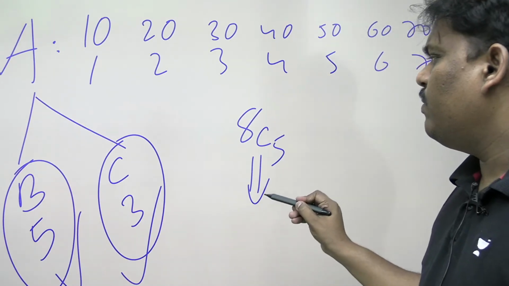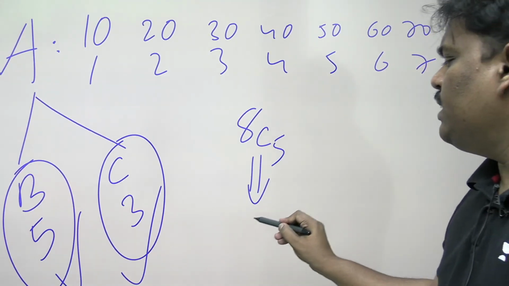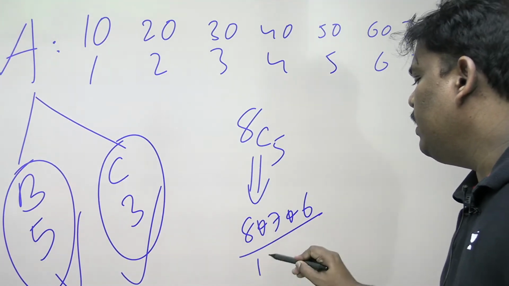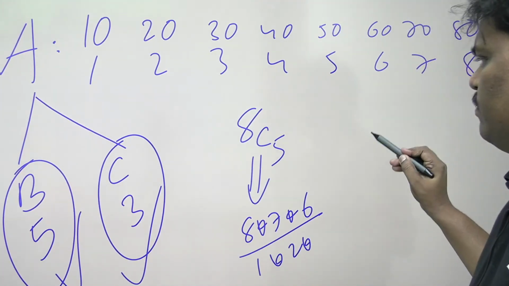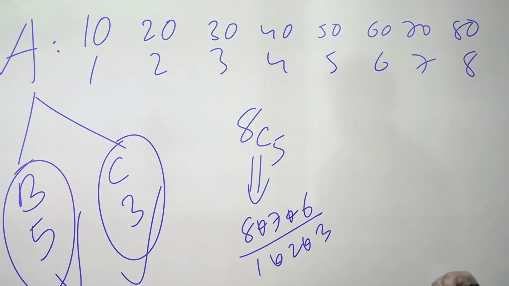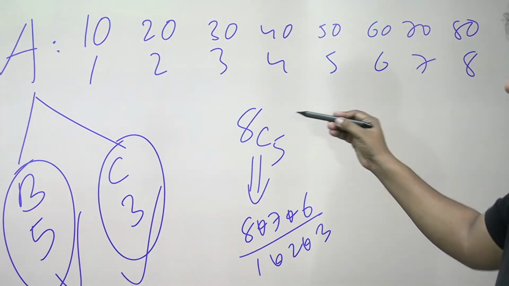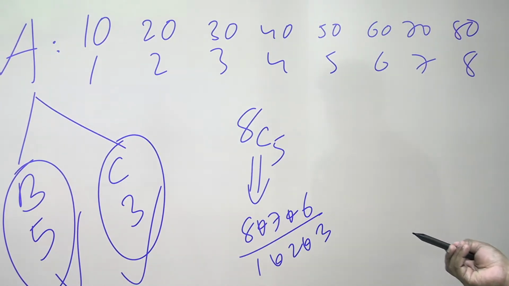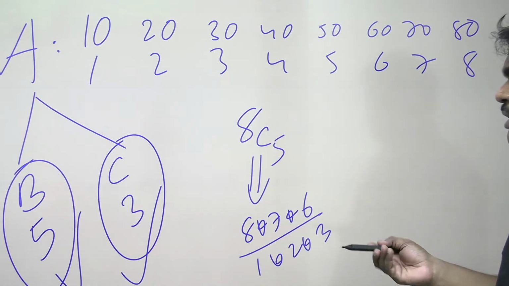How much is 8C5? It is 8 into 7 into 6 by 1 into 2 into 3. Same meaning. 8C5 is nothing but 8C3, because 8 minus 5 is 3.